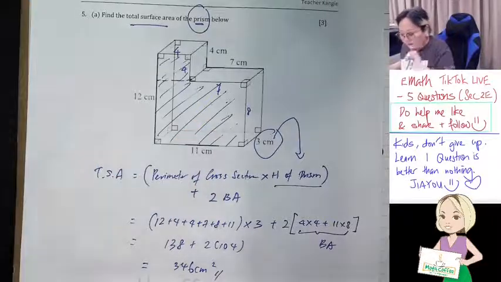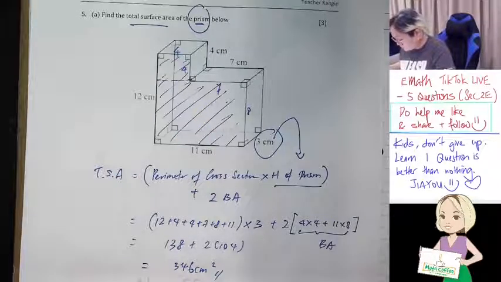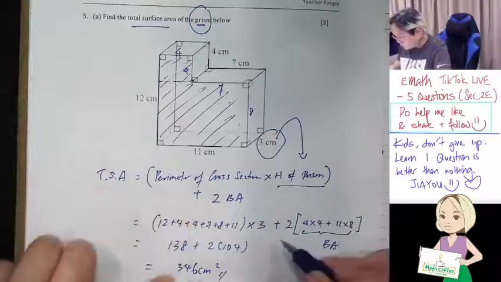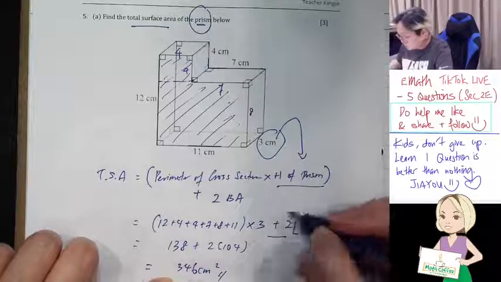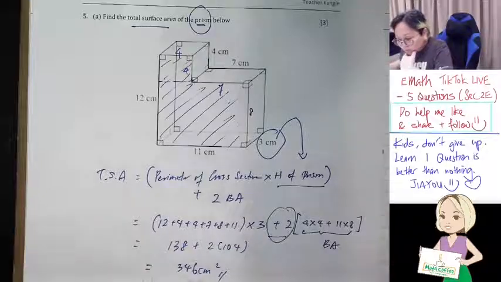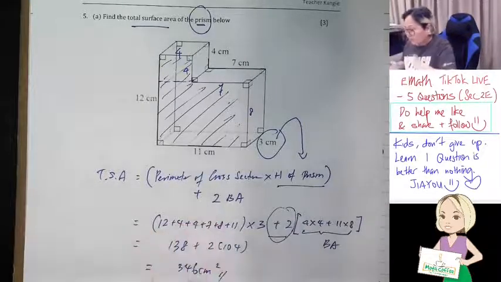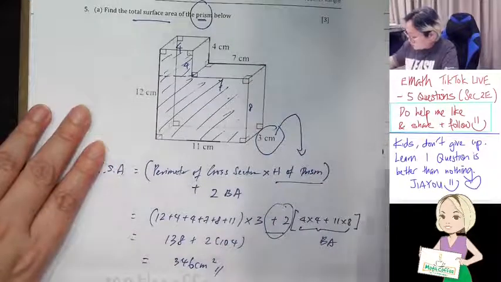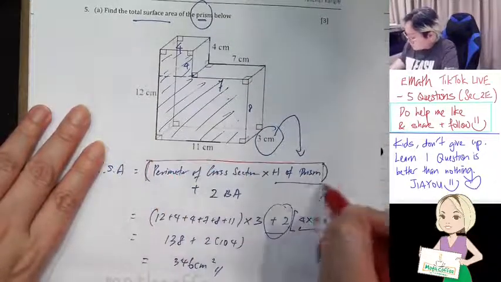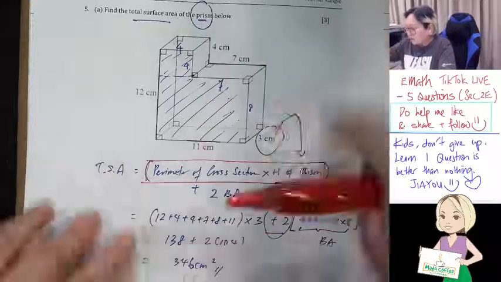Where do you get the plus 2 from again? This one? This one? Javier, is it this plus 2? It is 2 base area. You see, this portion here is all the lateral face.